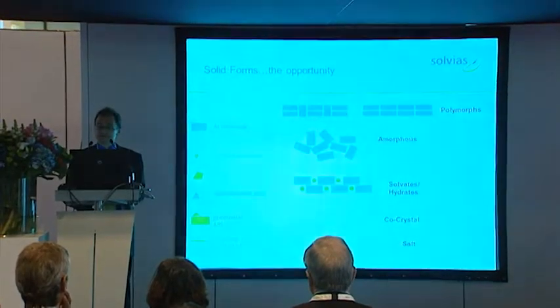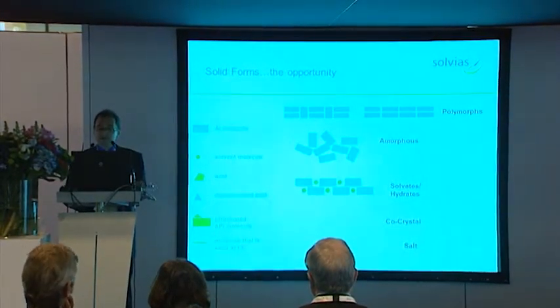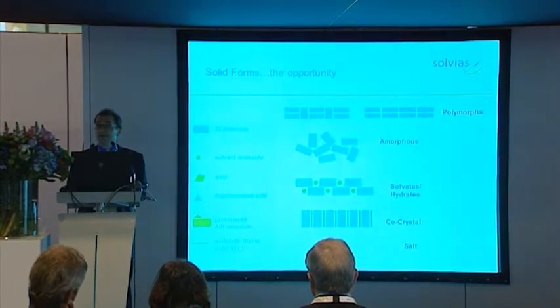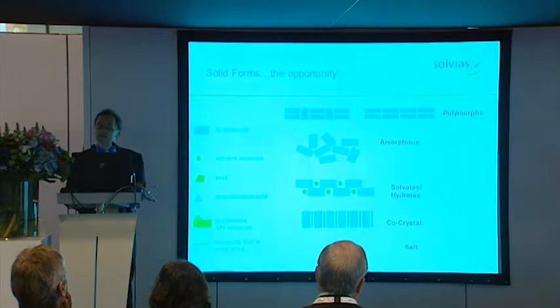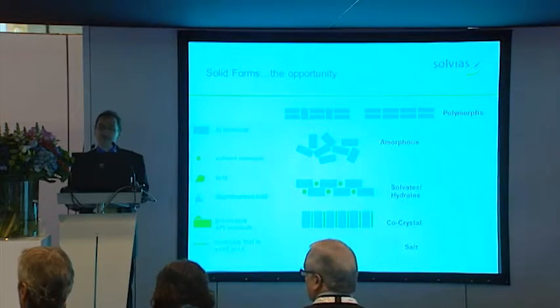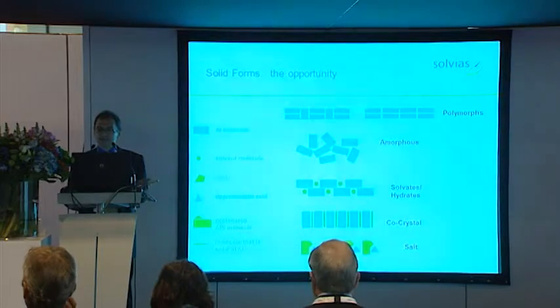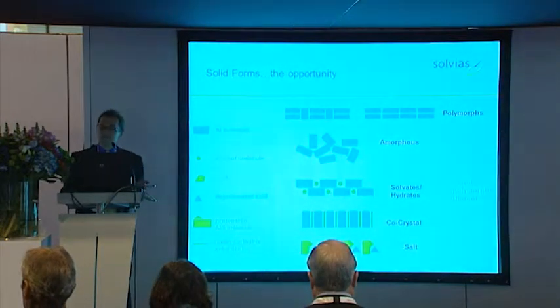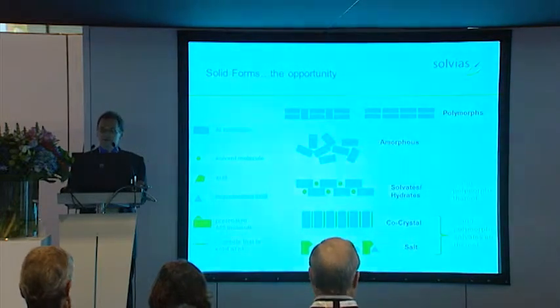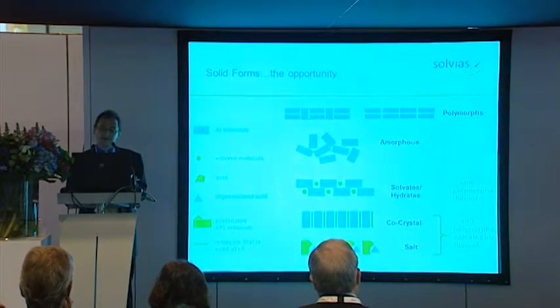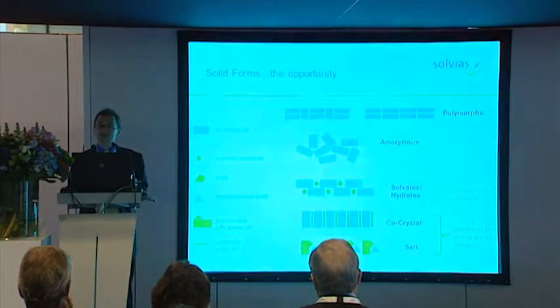It might form solvates or hydrates. You might be able to make co-crystals of your API, and of course there's also the possibility to make salts, as I'm sure you know. Almost half of the drugs on the market are on the market as salts. And then obviously you can also have polymorphs of solvates and hydrates. You can have polymorphs of co-crystals and of salts, etc.